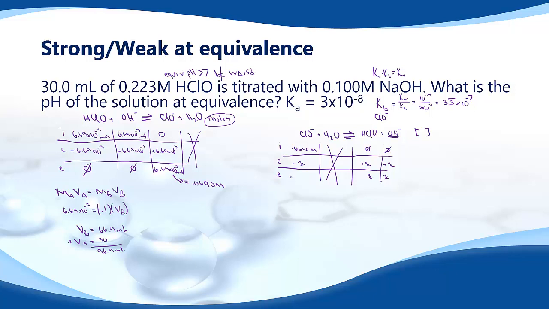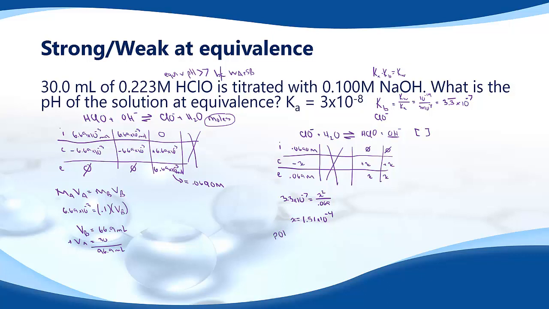So I'm just going to assume that this is 0.069. And now I can just do my Kb problem, right? So 3.3 times 10 to the minus 7th is x squared over 0.069. Okay, so this will give us a value of x equal to 1.51 times 10 to the minus 4th.